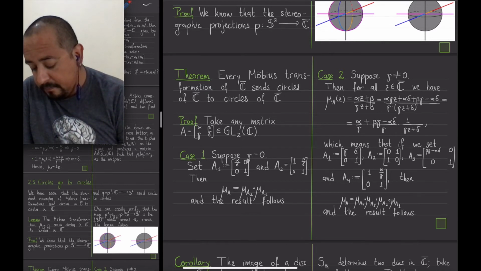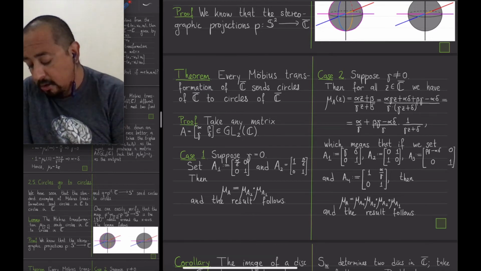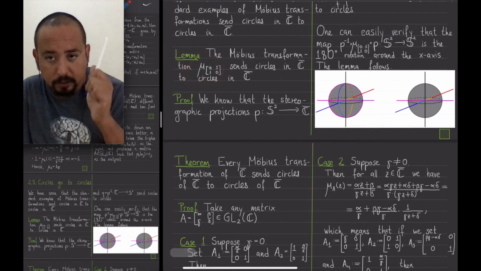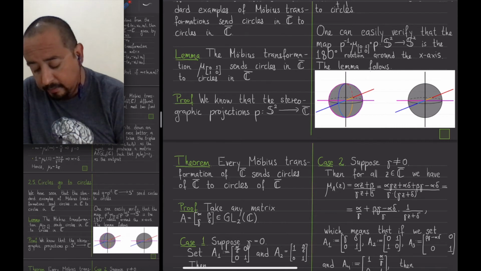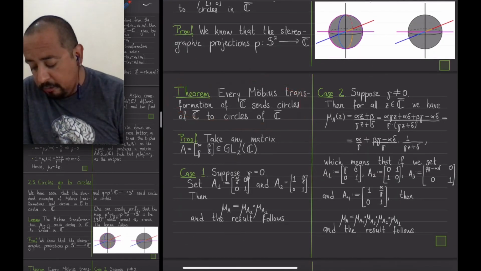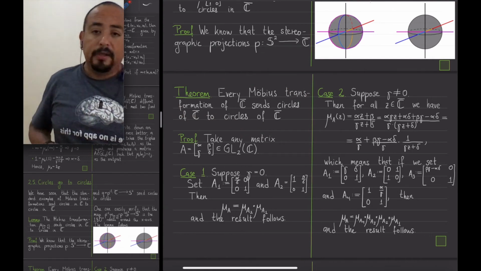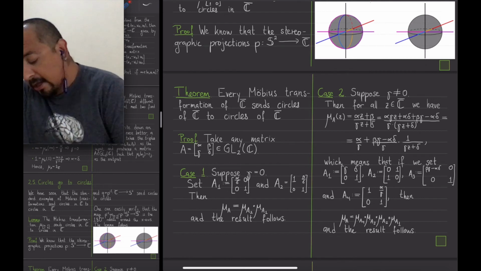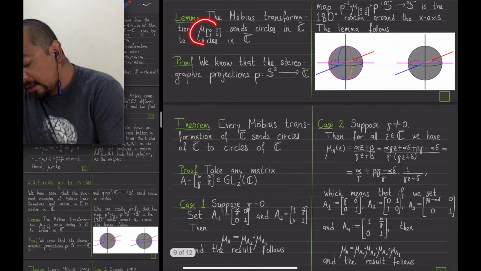Of course, we know not only that this one sends circles to circles, but that all the standard examples do. And the strategy to prove this theorem is to show that every Möbius transformation can be written as a composition of the standard examples and this slightly less standard example.